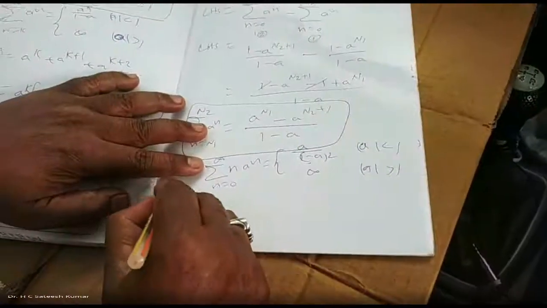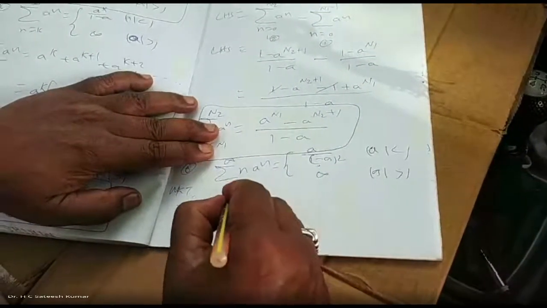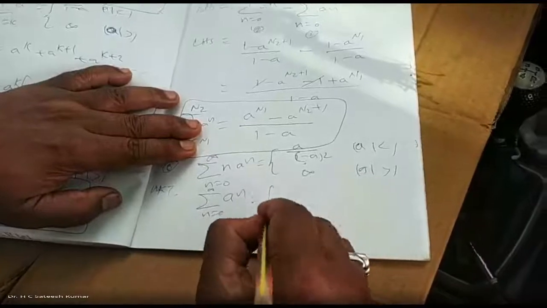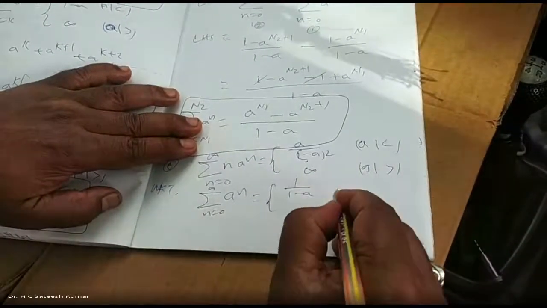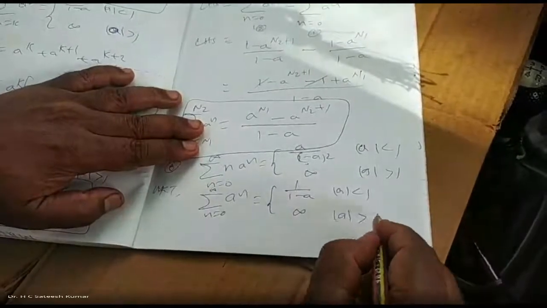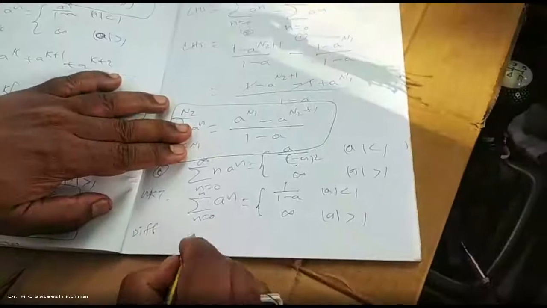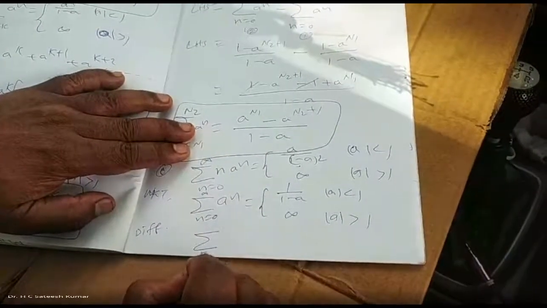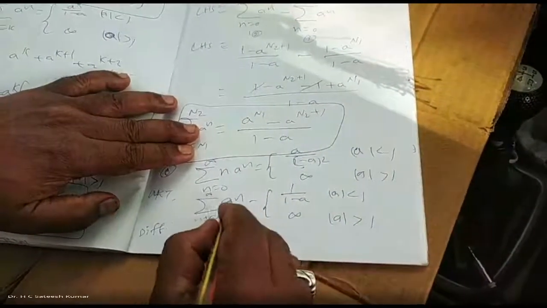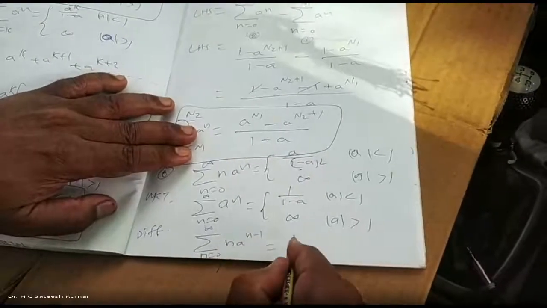Right. So we know that summation n varies from 0 to infinity a power n is equal to 1 divided by 1 minus a for magnitude of a less than 1 and is equal to infinity for magnitude of a greater than 1. Differentiate. If you differentiate summation n varies from 0 to infinity, a to the power of n differentiation is n into a to the power of n minus 1.